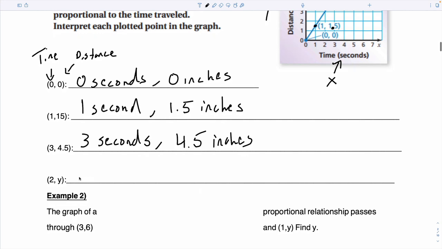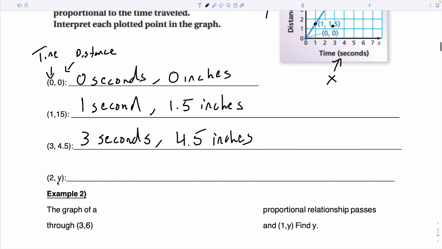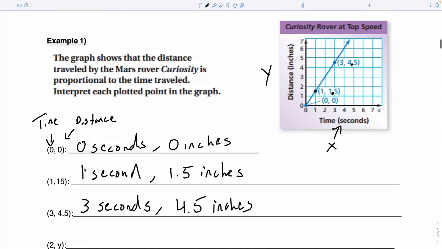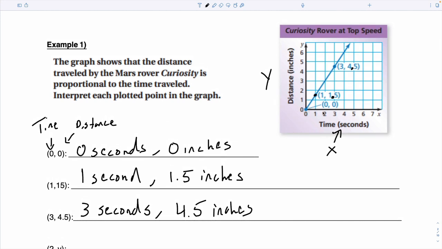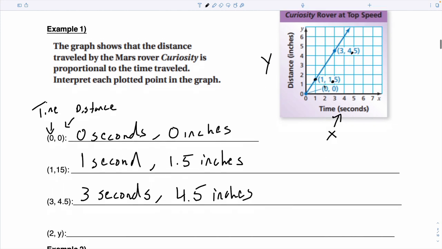Pretty cool. What if they say 2y, though? They're asking you, in 2 seconds, how far can this thing travel? They don't tell you it. They want you to figure out what y equals. If you go over to the graph, run to 2, just by looking at this graph, you can get that y value by looking at the dots.